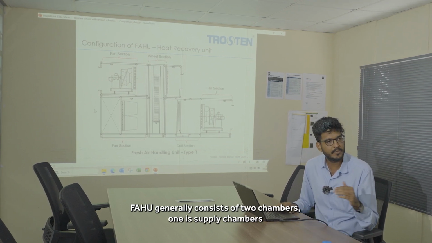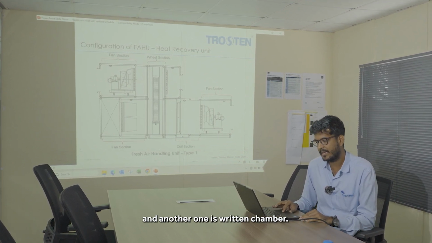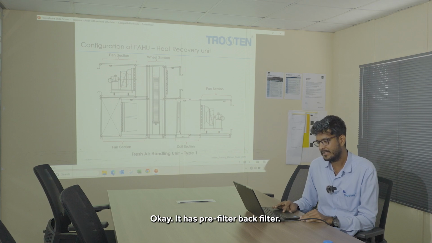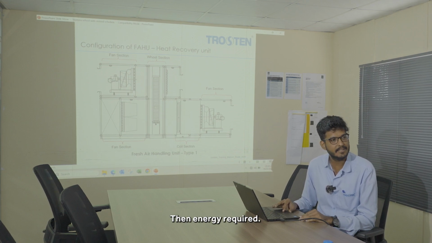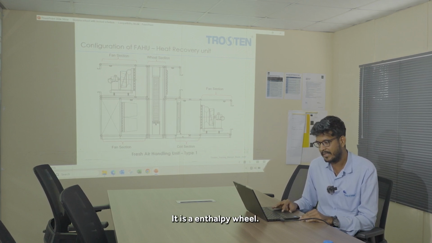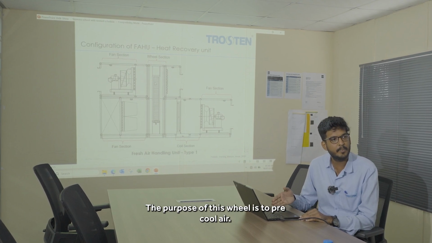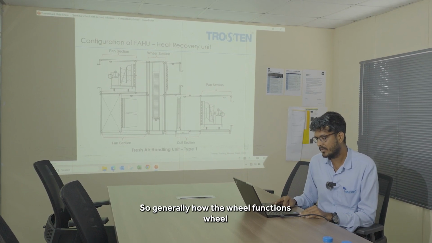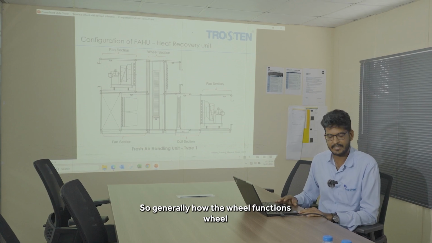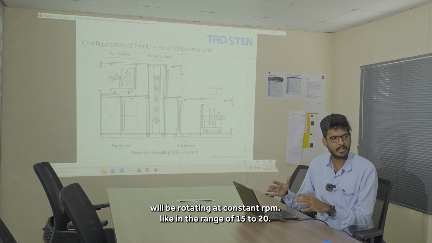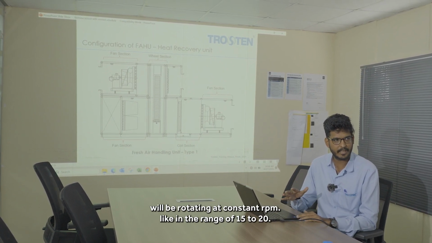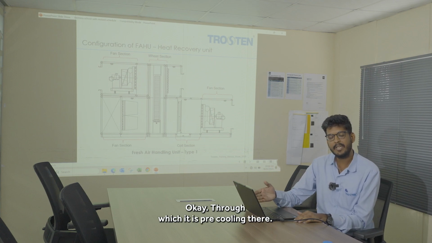FAHU generally consists of 2 chambers, a supply chamber and a return chamber. It has a pre-filter, back filter, then the energy recovery wheel, which is an enthalpy wheel. The purpose of this wheel is to pre-cool the air. The wheel rotates at constant RPM, in the range of 15 to 20 RPM, through which it pre-cools the air.